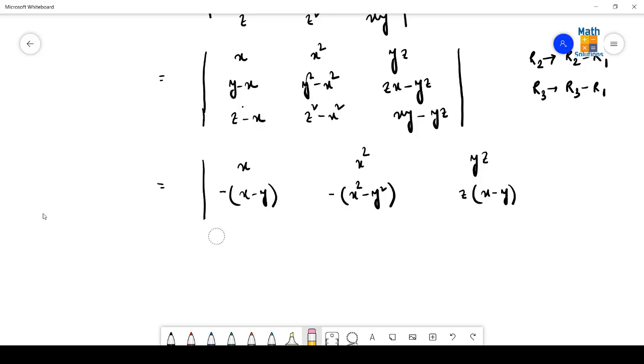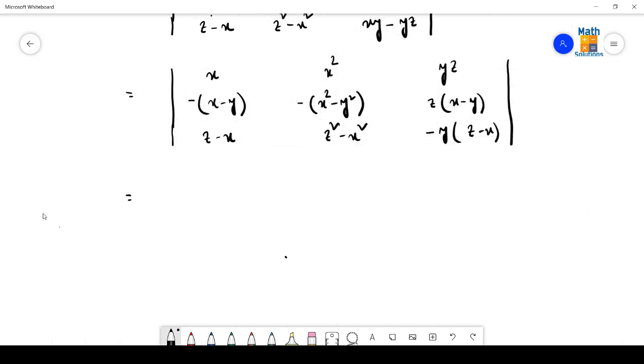Keeping this as it is, what can we do? Z minus x I kept as it is, and from this part again z square minus x square. In the last part I can take common minus y so that I get back z minus x. Then we can take common the terms along the second row and the third row: x minus y and z minus x.